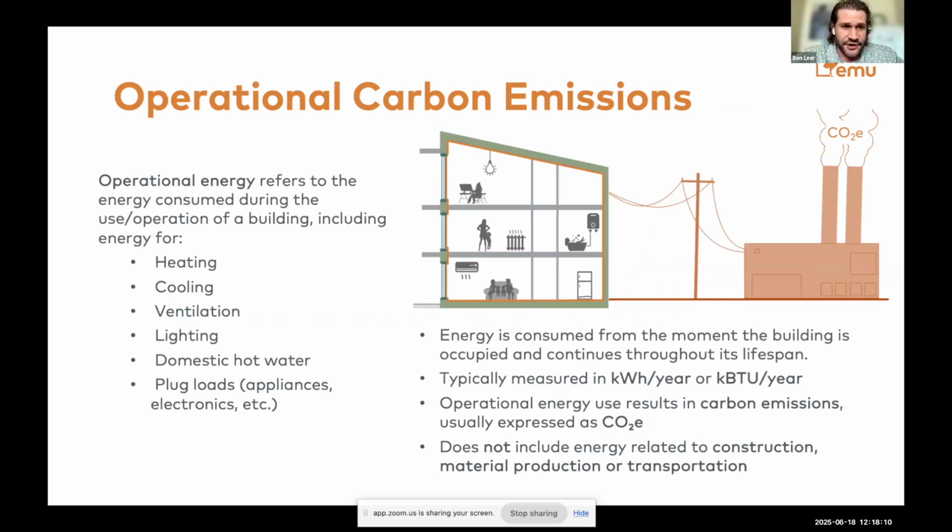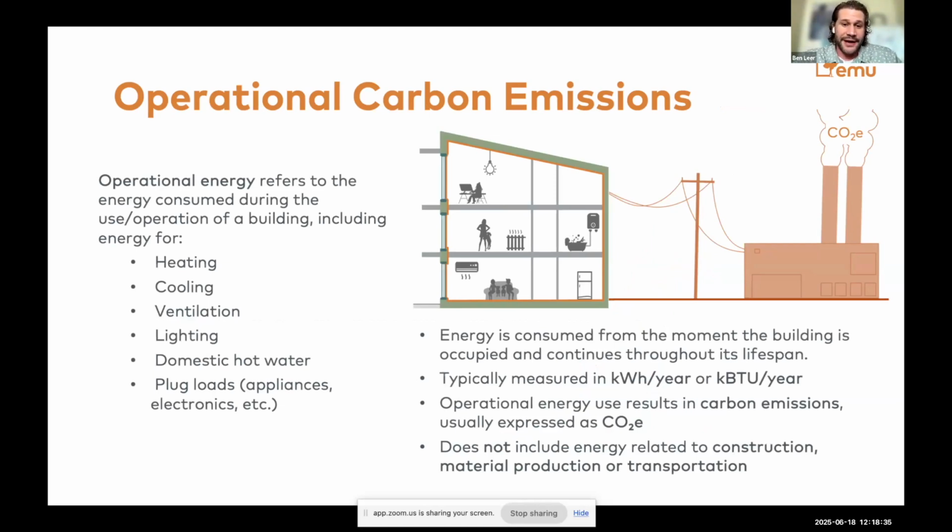Operational carbon emissions are the emissions associated with operational energy use. Our buildings consume a lot of energy: heating, cooling, ventilation, lighting, heating hot water, plug loads, appliances, all that consumes energy. And the more energy we consume, the more emissions we emit.